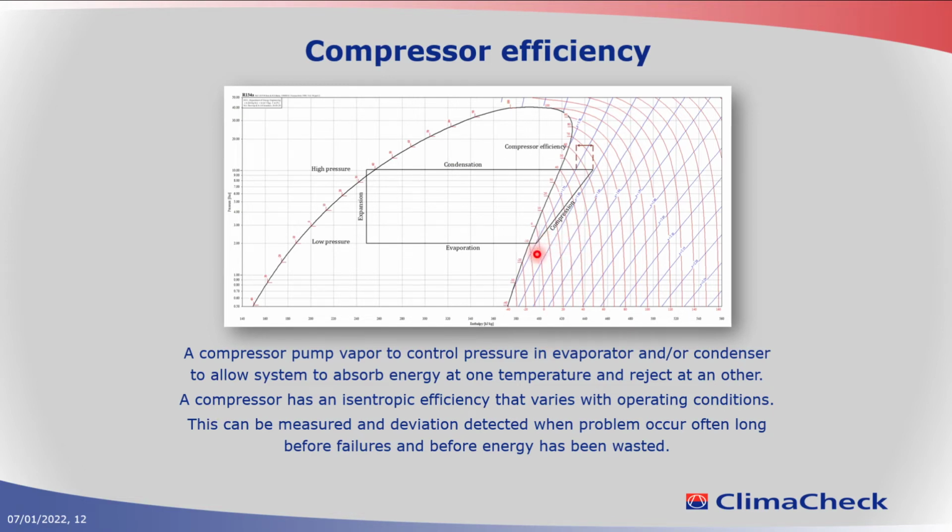But in the HLOP diagram, we have the compression here, from the suction to the discharge. We have our isentrope lines here, and as you can see, if you had a 100% loss-free compressor, you would compress the refrigerant along this line.